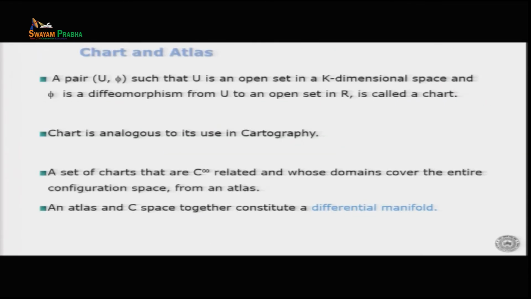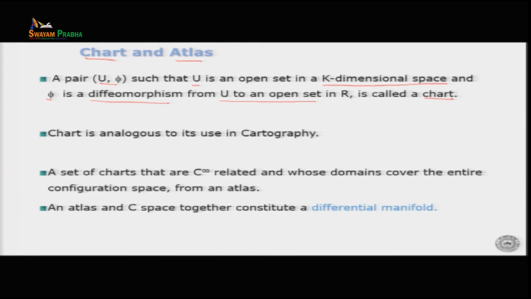Now, we need to have the definition of two terms, which are called a chart and an atlas. A pair (U, phi) such that U is an open set in a k dimensional space, and phi is a diffeomorphism from U to an open set in R^k, is called a chart.